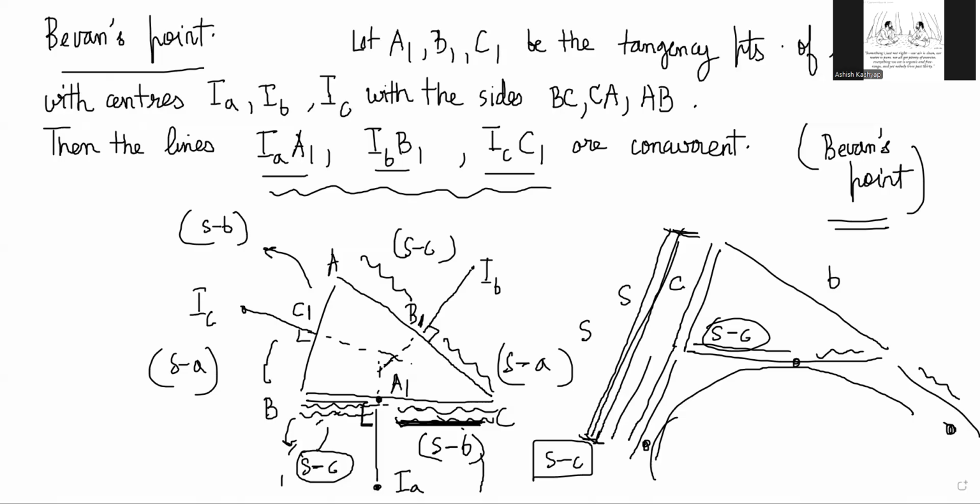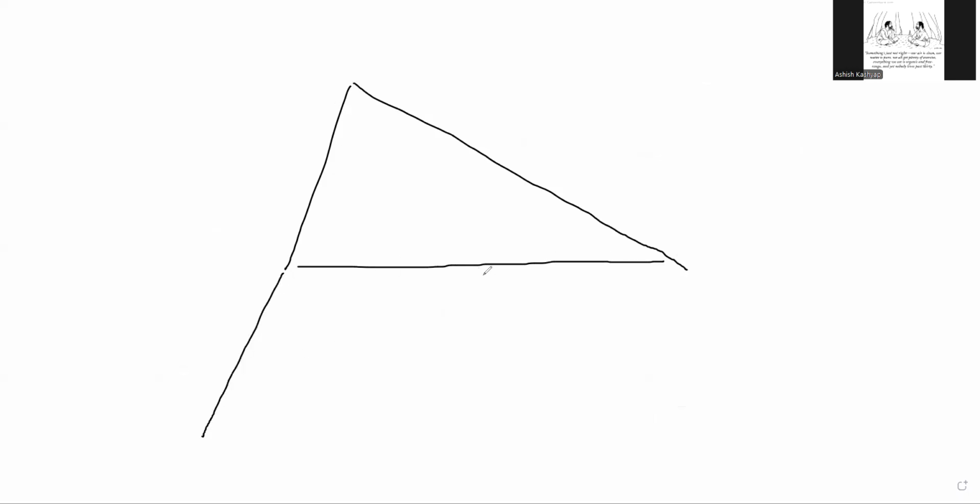Nobody has any idea why that distance is S. Basically, what I'm trying to say is, the point where the excircle touches, from here to this A, how much is that distance?